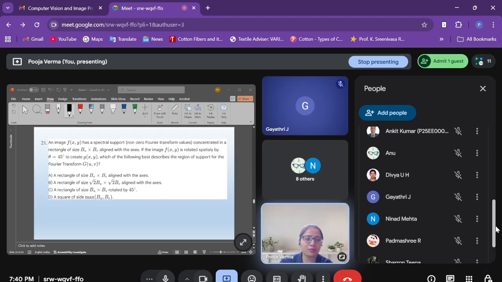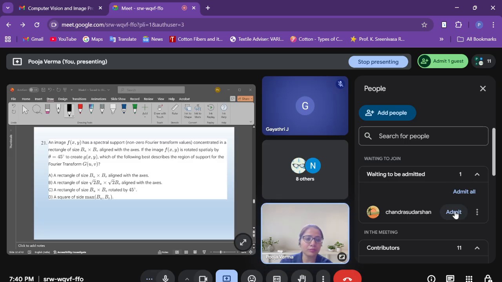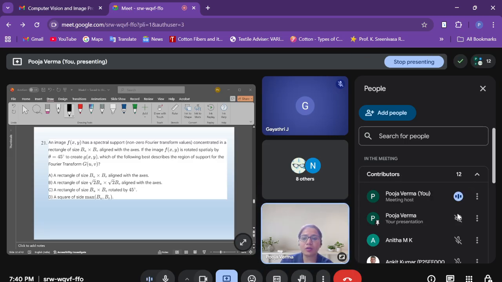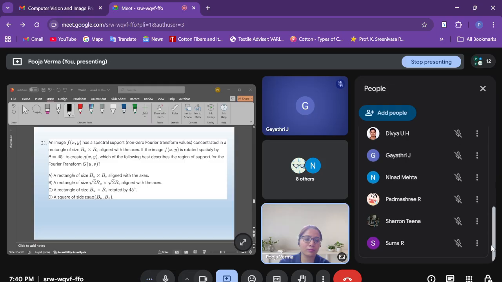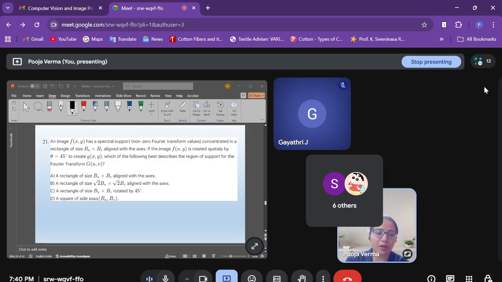Option B is a rectangle of size root 2 Bu into root 2 Bv aligned with the axis. Option C is a rectangle of size Bu cross Bv rotated by 45 degrees, or option D, a square of side max of Bu, Bv. Which option can be the correct one?